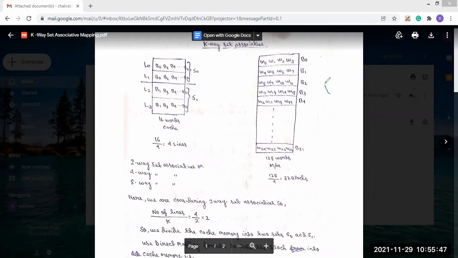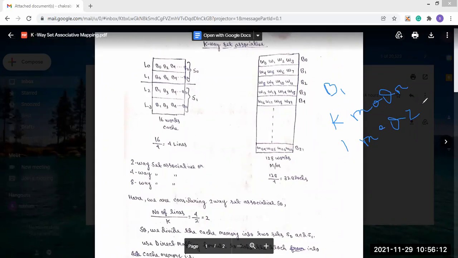The next block is B1. Let's say the next block B1 came. Now B1 means we will first use the formula K mod n. Here the K value will be 1, mod 2. N is the number of sets.